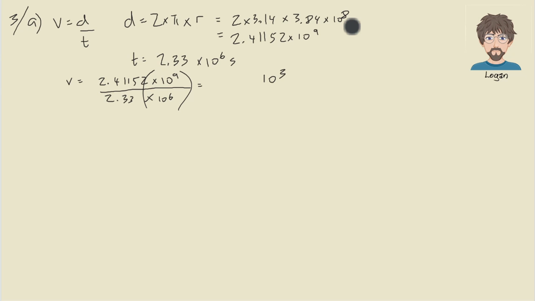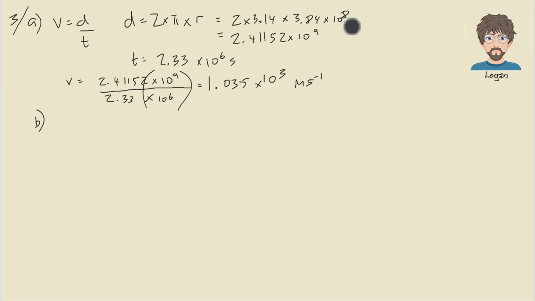And we do this bit at the front here, 2.41152 divided by 2.33, 1.035 times 10 to the 3 meters per second, which means, by the way, that the Moon is traveling at around what would be the speed of sound on Earth at ground level. It's not the speed of sound in space because there's no sound in space, so it's not really that important.